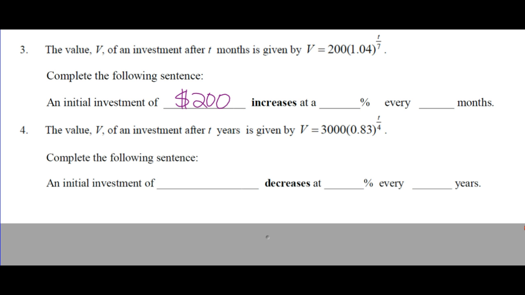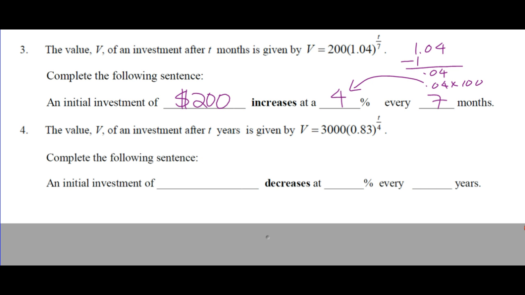So to figure out rate, if it's greater than 1, subtract 1, and then multiply by 100 to convert it from a decimal to a percent. Okay, so we have 1.04 minus 1 is 0.04, and 0.04 times 100. That's what goes in there. Every 7 months, right? Because we're dividing by 7.